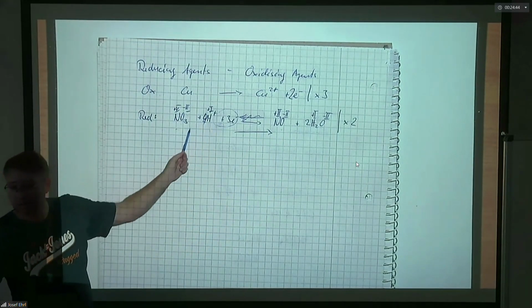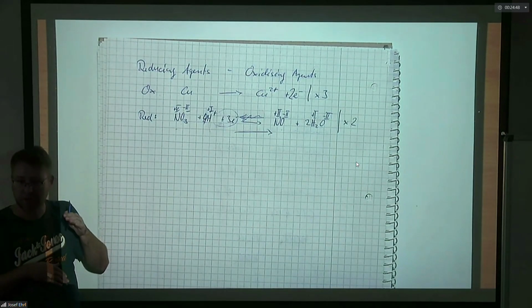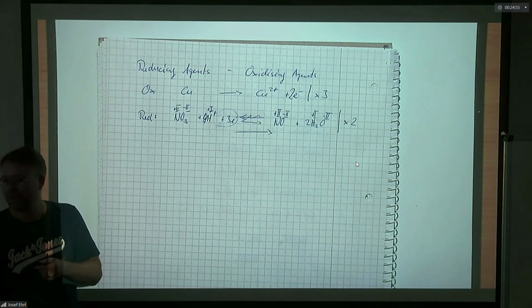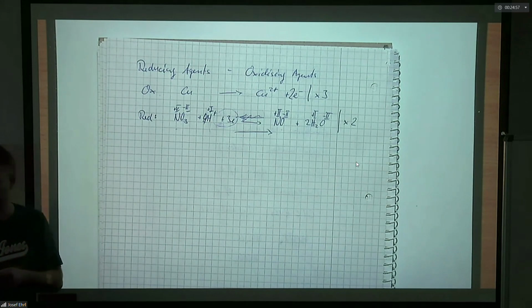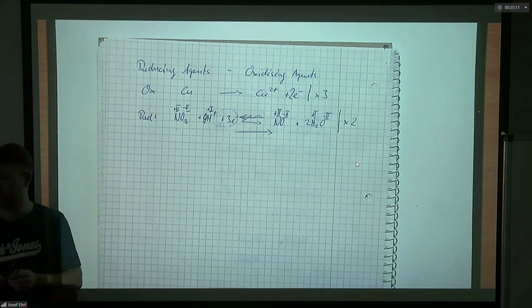Now I see my electron balance between oxidation and reduction reaction is also balanced. So this would be the 3rd dimension of balancing, if you would call it that way. First, I need to take care about the atoms, then about the charges in the reaction, and then about the electrons in account of oxidation and reduction reaction together.